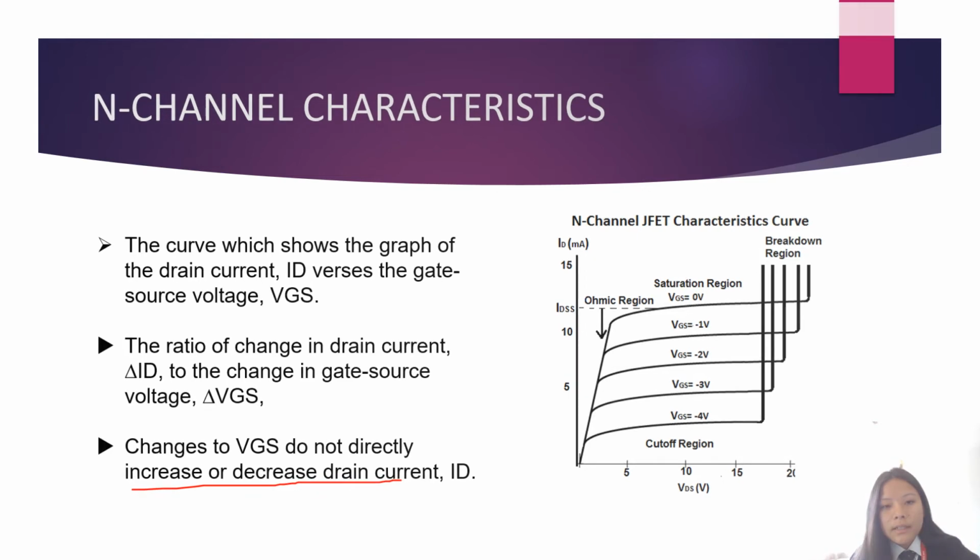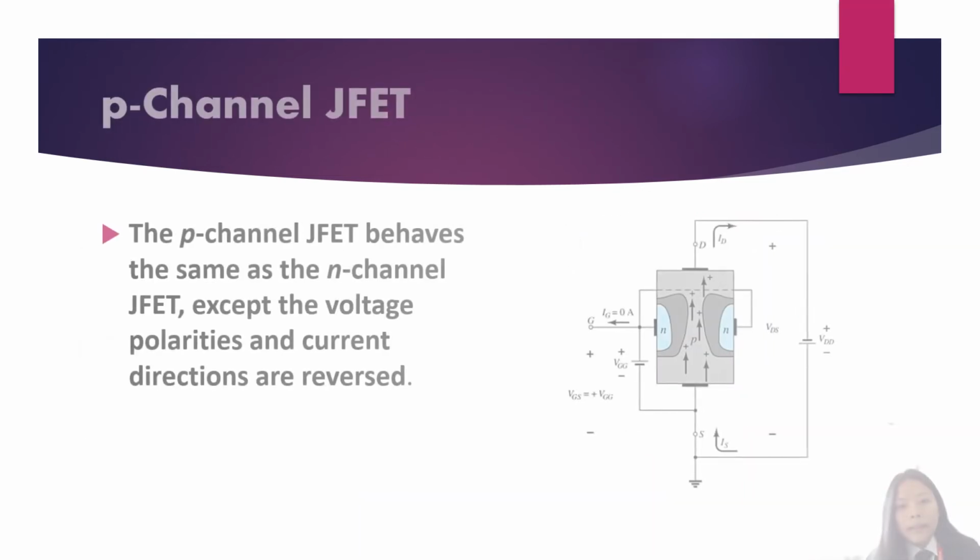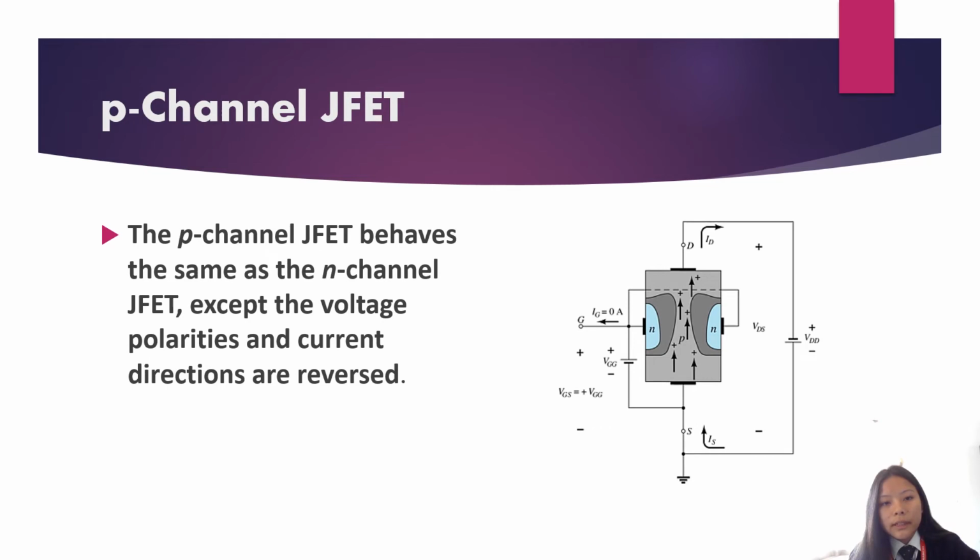Now let us understand what is P-channel JFET. The device could be made of a P-type bar with two N-type gates as shown in the figure. The principle of working of N-channel JFET and P-channel JFET are similar.